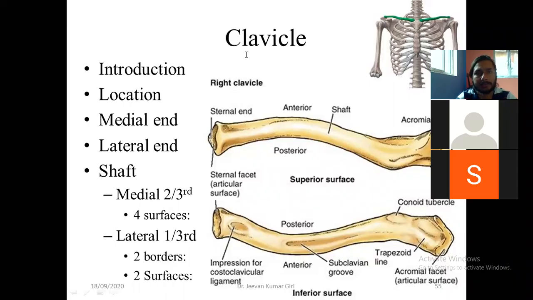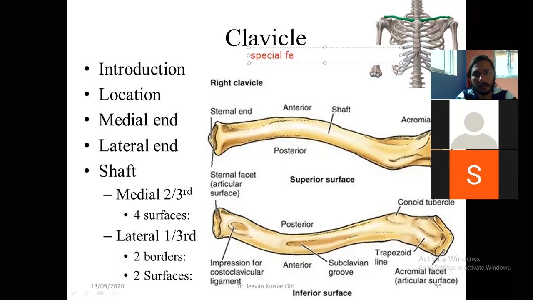So introduction and location, okay. Now some special features or peculiar features. Special features means you will not see these features in other long bones. So this is the only long bone which is placed horizontally. Most or all of the bones are present vertically actually.